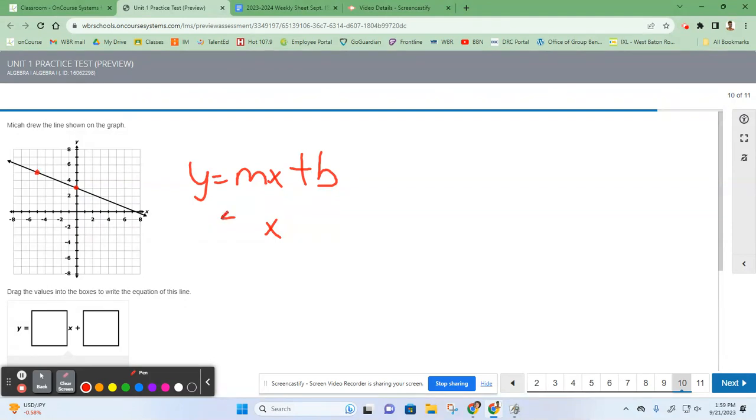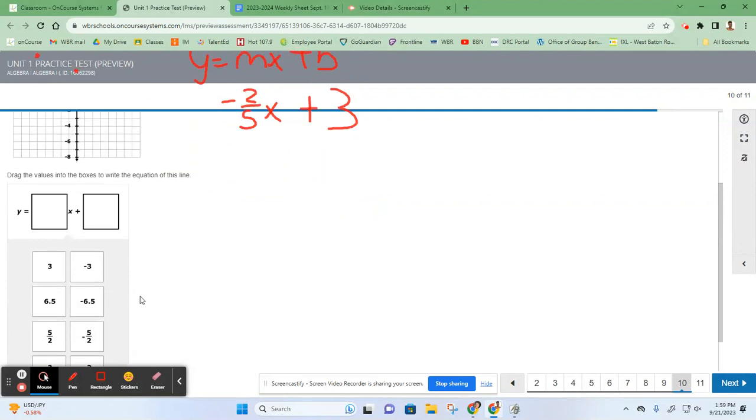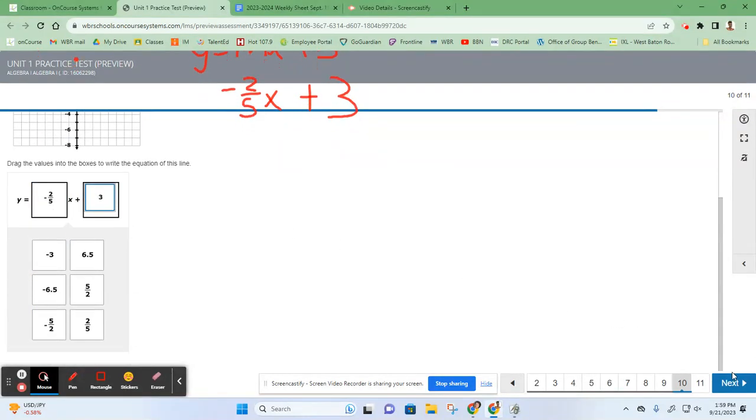So this would be negative 2/5, and my y-intercept is at the 3. So it's negative 2/5, and the y-intercept is at positive 3. There we go.